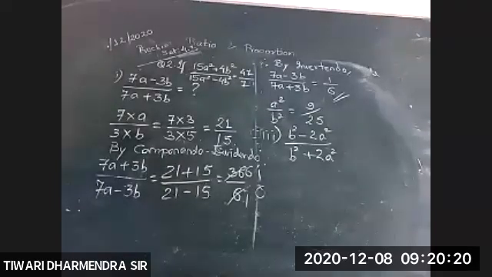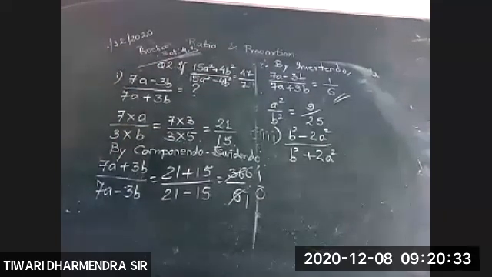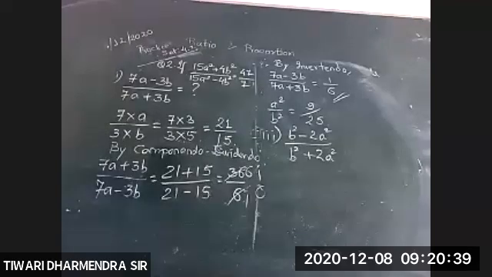And componendo and dividendo says the term present in the numerator should be first. And here we are having a square by b square. So what we need to do? We need to invert this. Yeah, good answer.